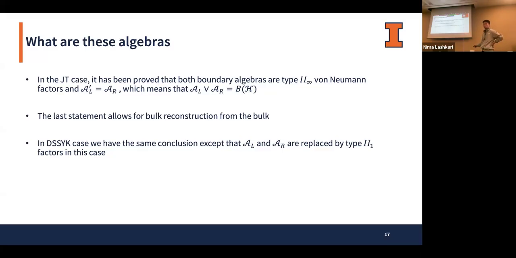Sorry, these statements are correct if your boundaries sit at some finite cutoff, you've regulated your disks, right? Right, in the JT case you need a regulator on the boundary. But in the double-scaled SYK case there's no regulator to be defined, and these two are both type II_1 factors, and again they are commutants of each other.